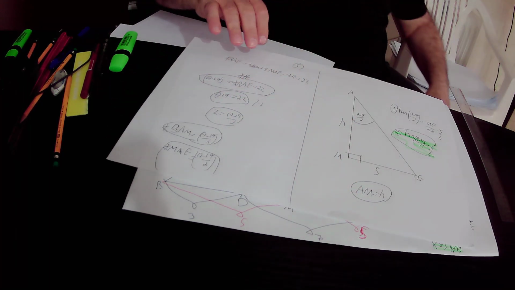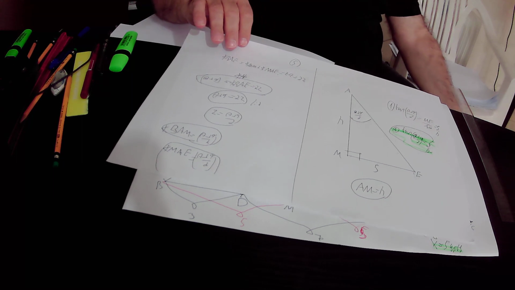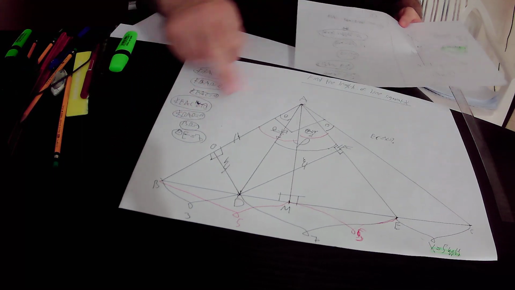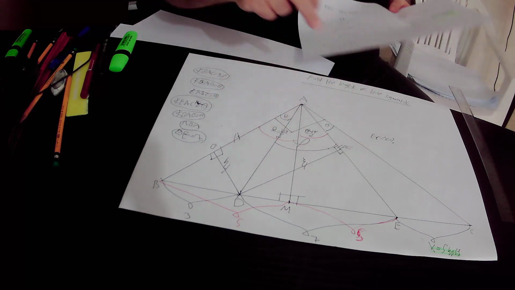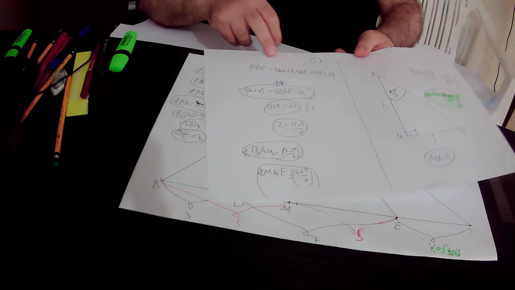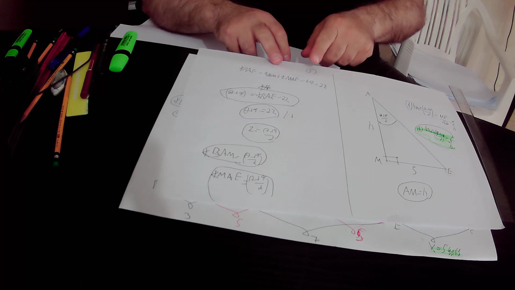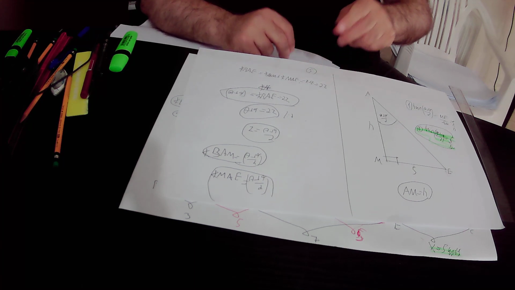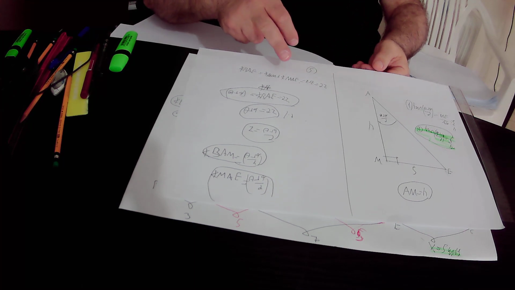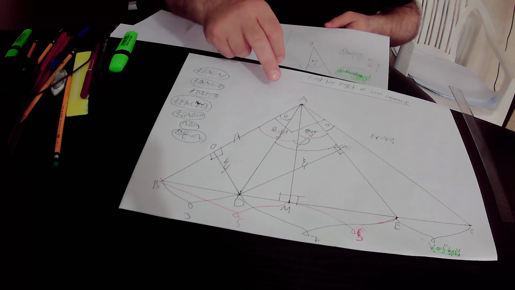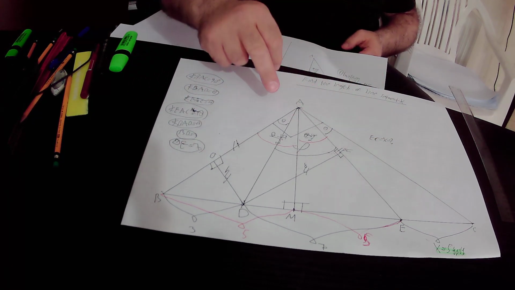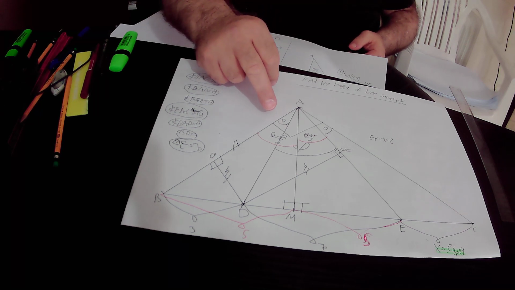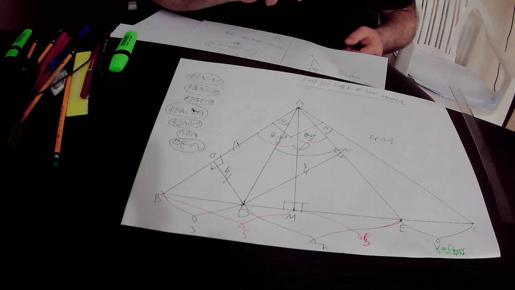So what is the value of angle BAE? From one side, angle BAE equals angle BAM plus angle MAE, that is Z plus Z, that is 2Z. But from the other side, you can see from the drawing that angle BAE equals theta plus alpha.